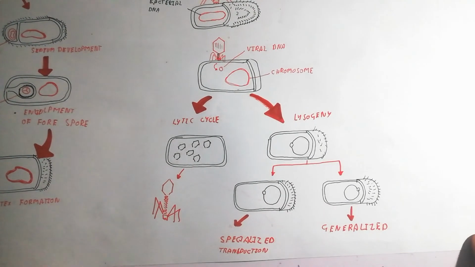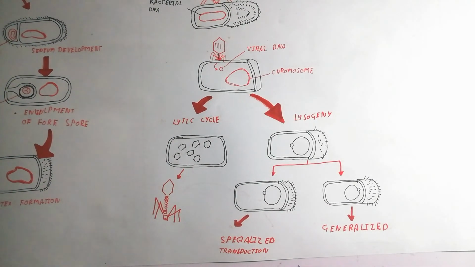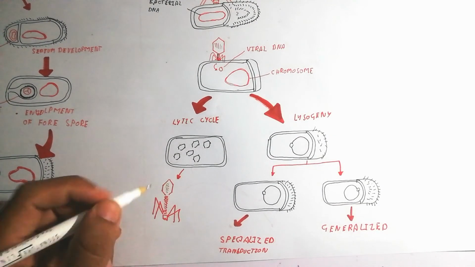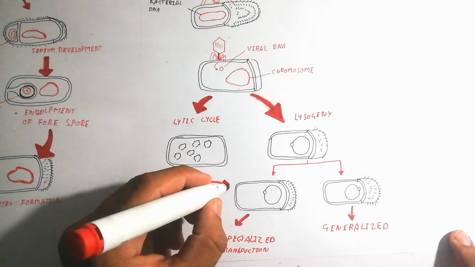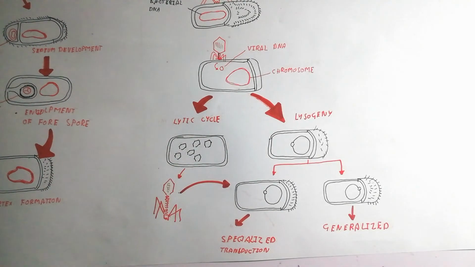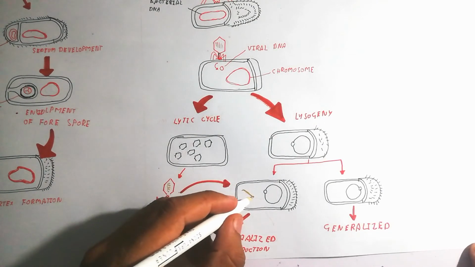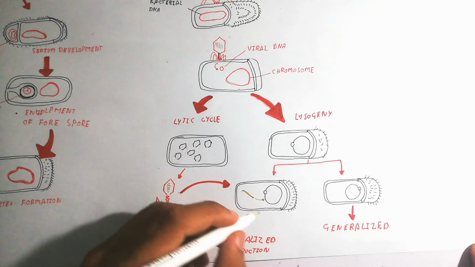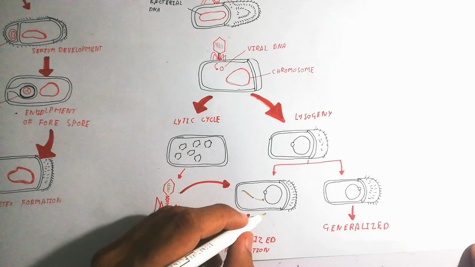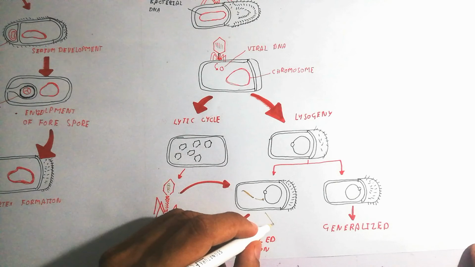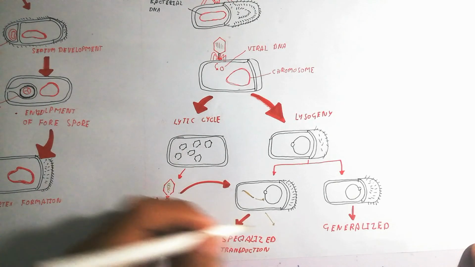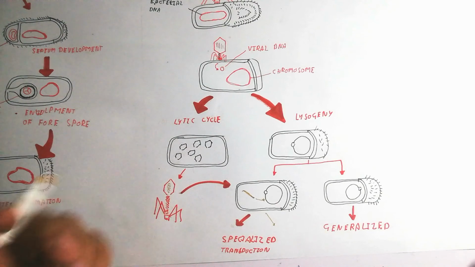There can be specialized transduction or generalized transduction. Specialized transduction means the bacterial DNA comes from the lytic cycle and is transferred by penetration again, and that DNA is basically the bacterial DNA.